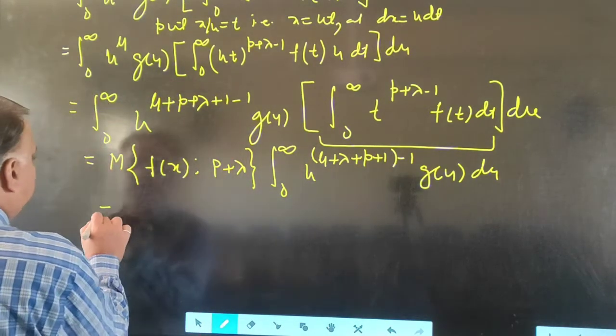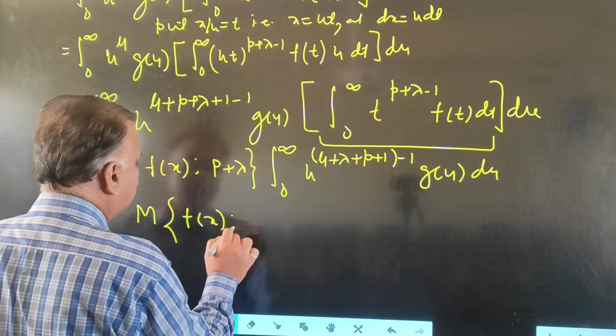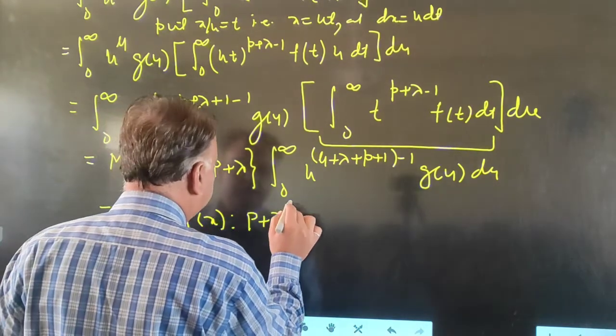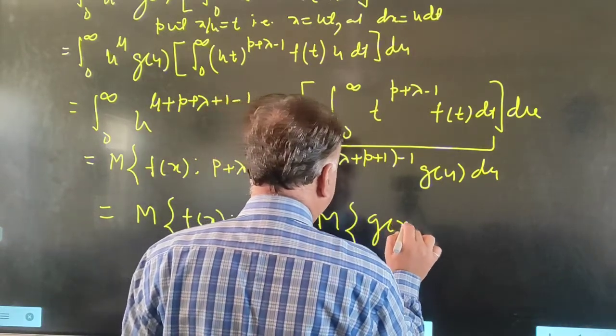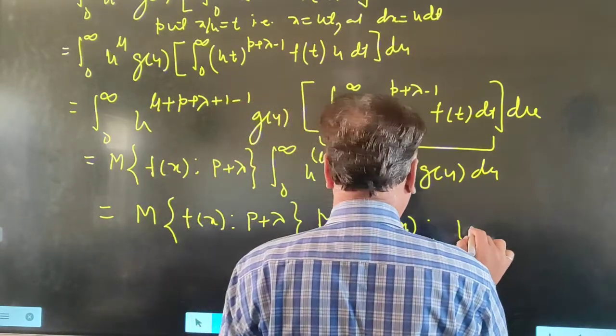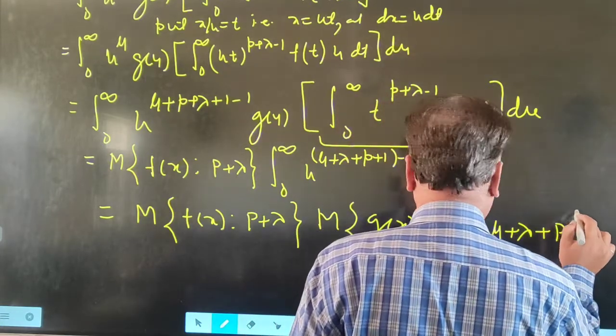So the result is the Mellin transform of f(x) with respect to parameter p plus lambda multiplied by the Mellin transform of g(x) with respect to parameter 1 plus mu plus lambda plus p.